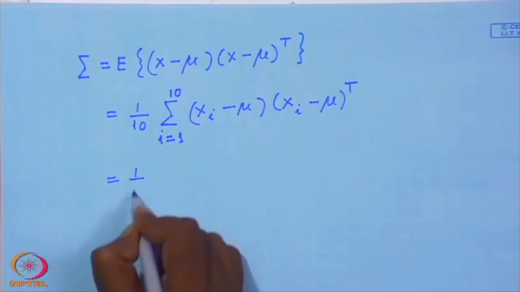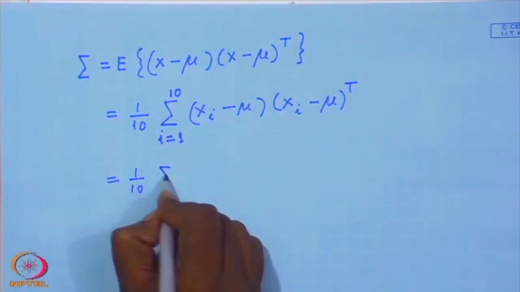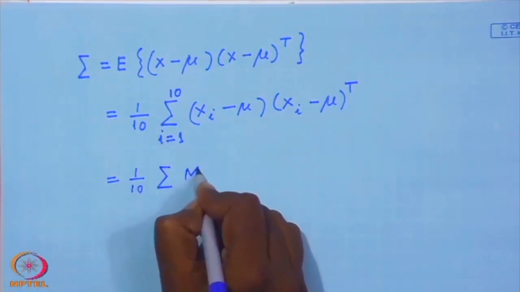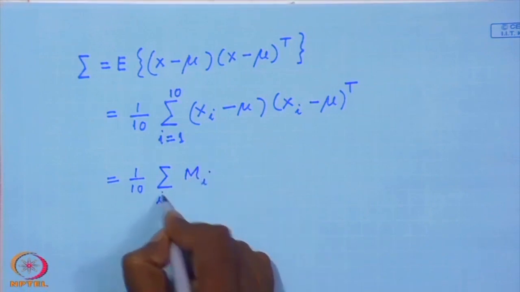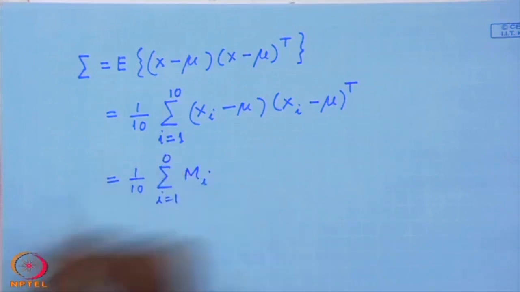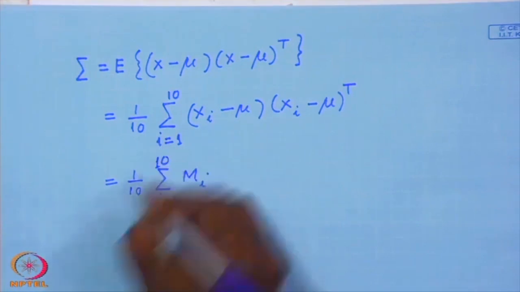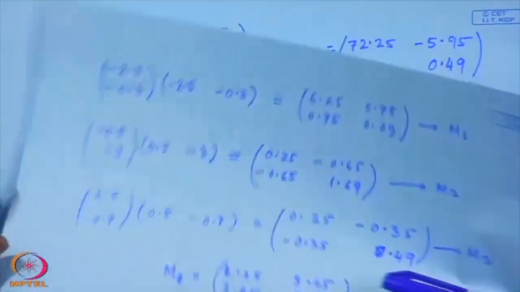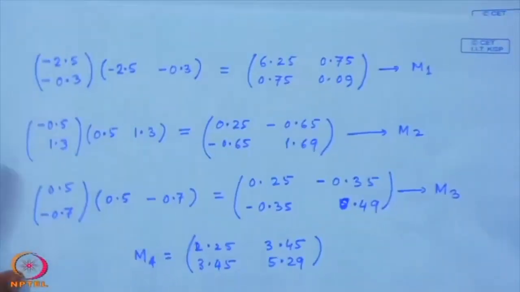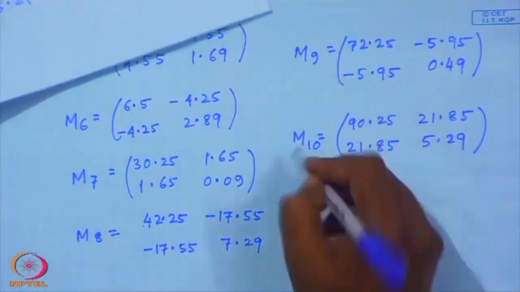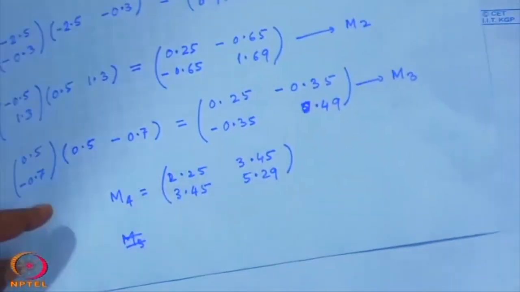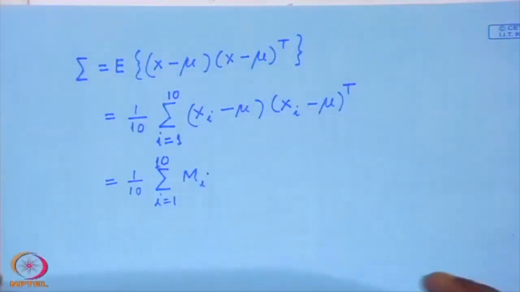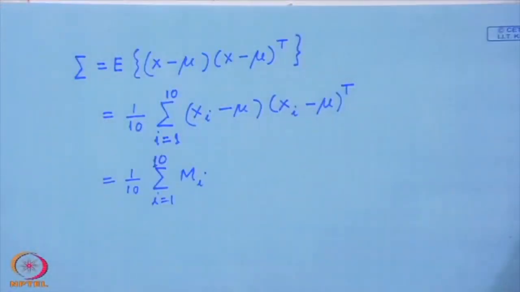This expression will simply be 1 upon 10 into summation of M_i varying from 1 to 10. Effectively, I have to add all these 10 matrices M1 to M10, and then the summation matrix has to be divided by 10.